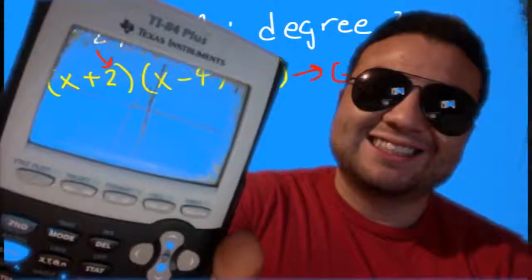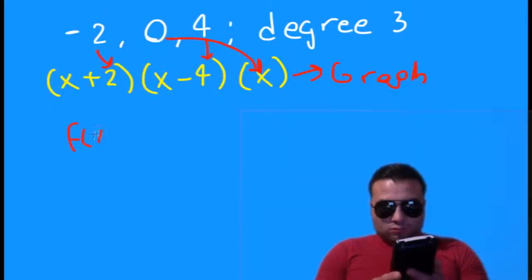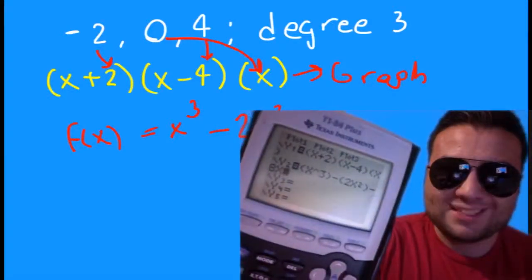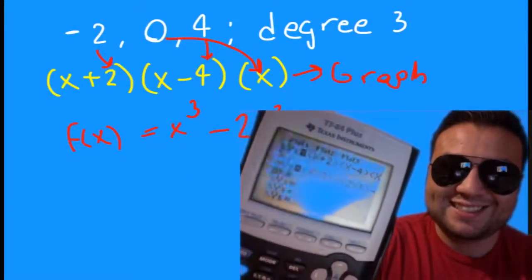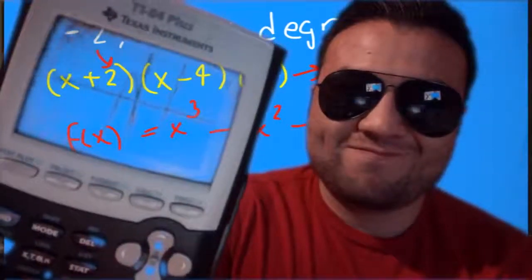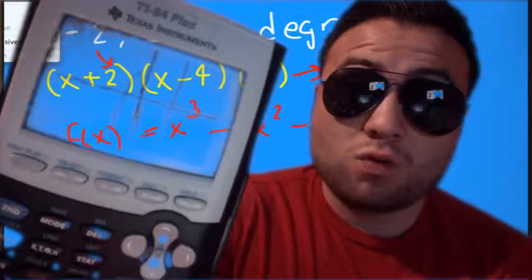And eventually, you'll see that this function, f of x equals x cubed minus 2x squared minus 8x, is the same. It's the same graph. So that's your right answer right there. Let's go get another one.